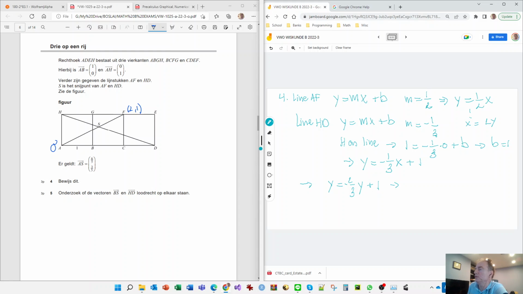So bring this to the other side. I get 1 plus 2/3, 5/3 y equals 1. So y equals 3/5. That looks good. That's just given here. And then x is 2y, is 6/5.